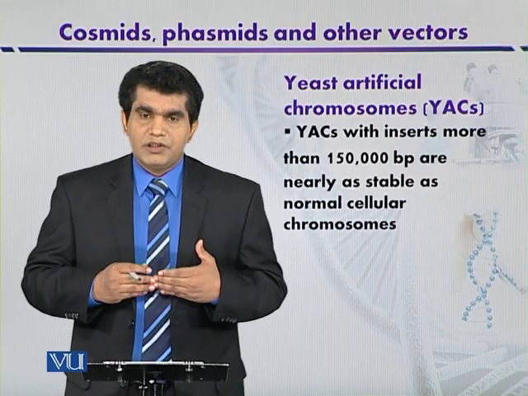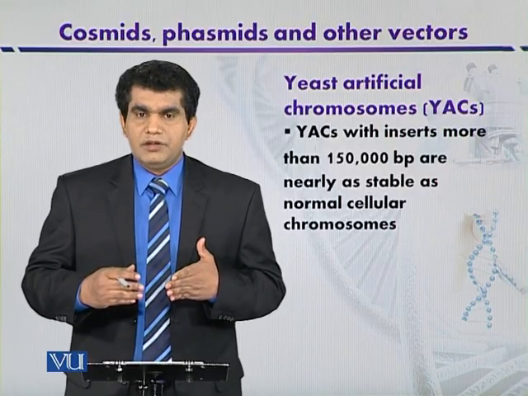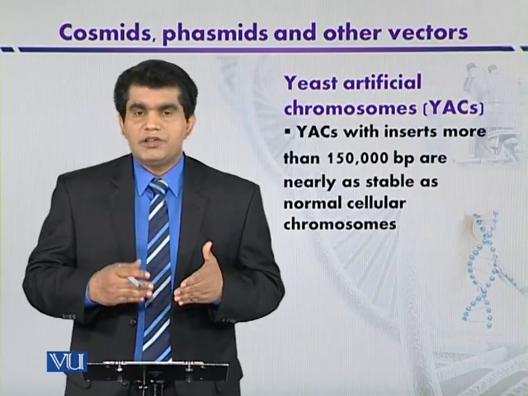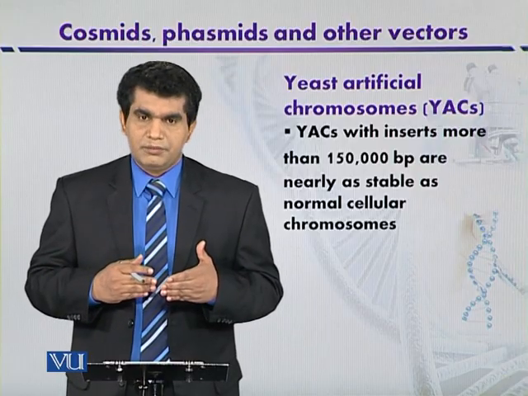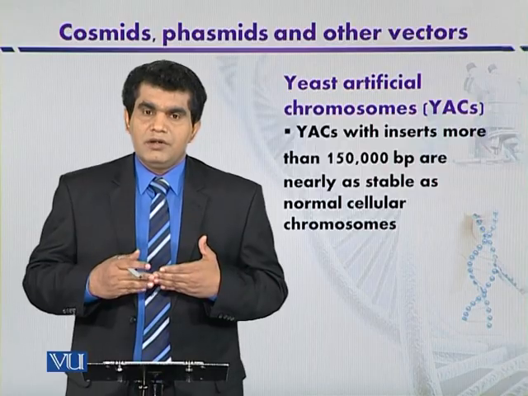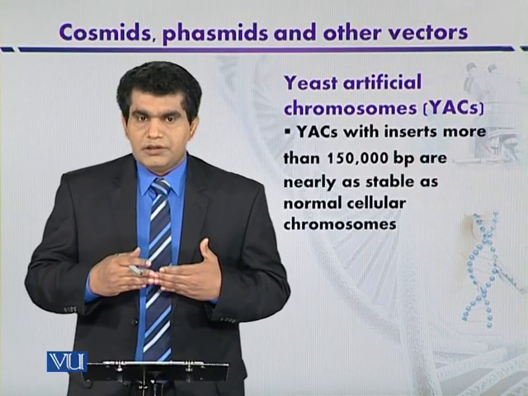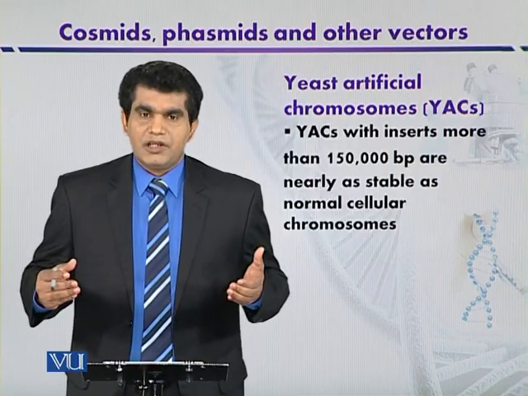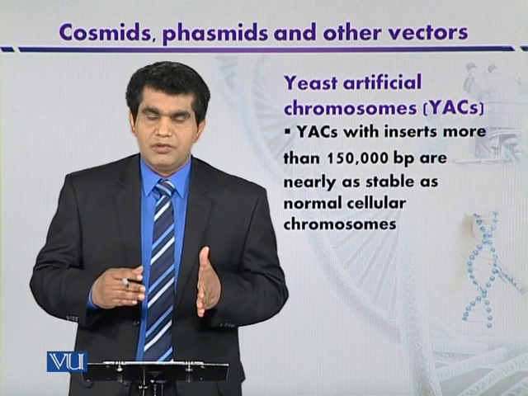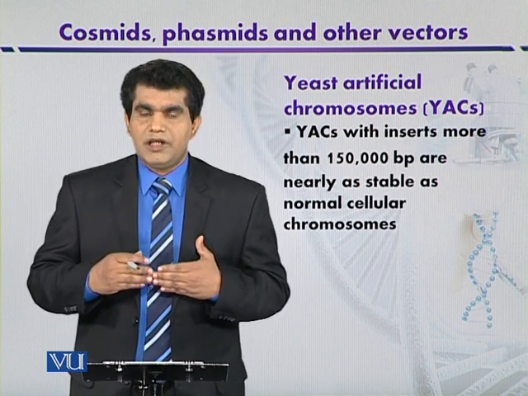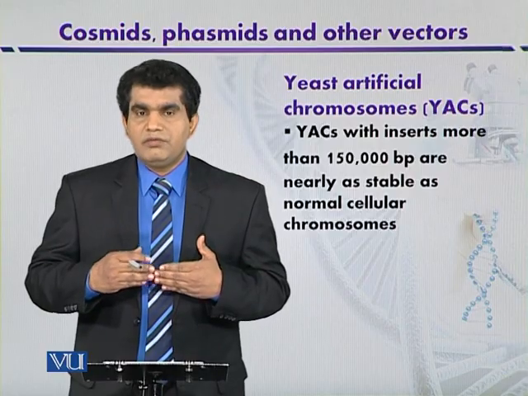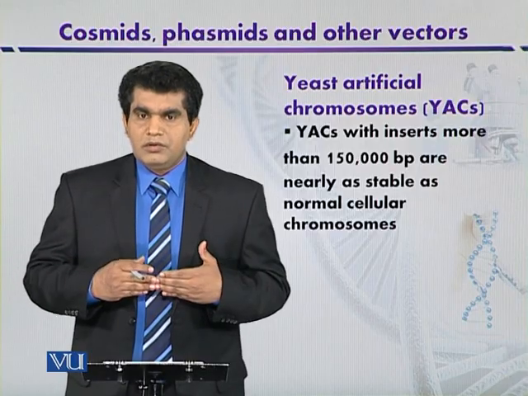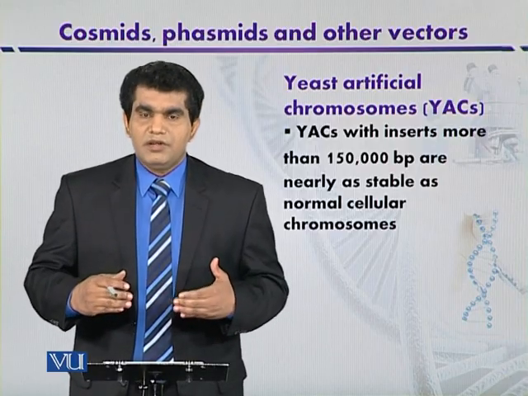If a yeast artificial chromosome contains foreign DNA that is less than 100,000 base pairs or 100 kilobases, then it will be degraded after its transformation into the yeast cell. So smaller fragments are not stable, whereas larger fragments above the size of 150 kilobases are more stable for cloning with yeast artificial chromosomes.